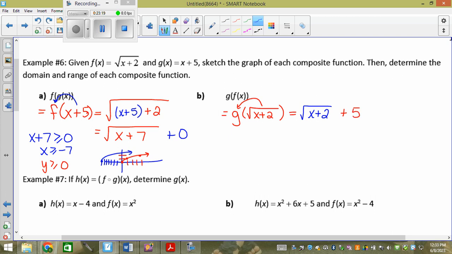Where did this radical move to now? 2 what? 2 left and 5 up. So normally it's here. 1, 4, 2, and 3.